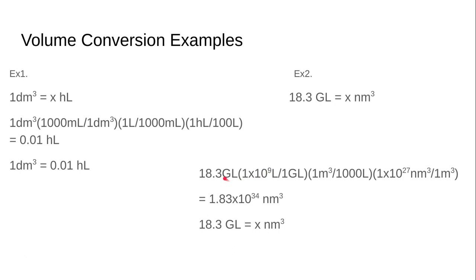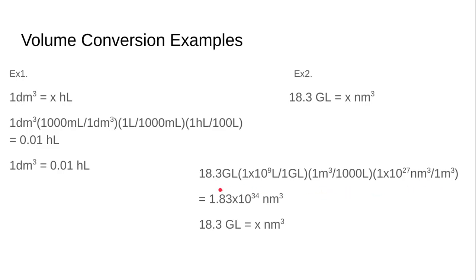That allows us to cancel out the gigaliters. Next, we also know that 1 meter cubed is equal to 1,000 liters. This lets us cancel out the liters. Next, we also know that 1 meter cubed is equal to 1 times 10 to the 27th nanometers cubed. This lets us cancel out the meters cubed.